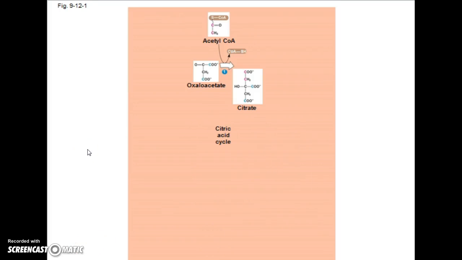The citric acid cycle has 8 steps. Each is catalyzed by an enzyme. We can see acetyl-CoA coming in and linking up with oxaloacetate, which is then transformed into citrate here. It will work its way around and eventually become oxaloacetate once again, which makes this a cycle.